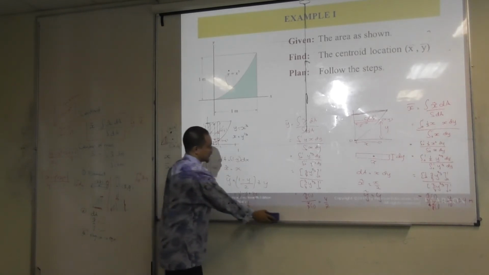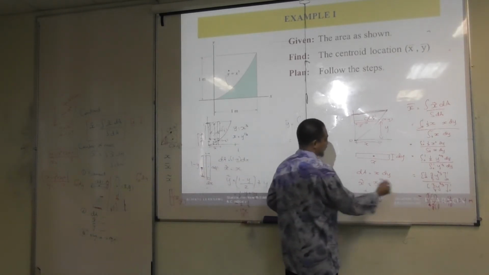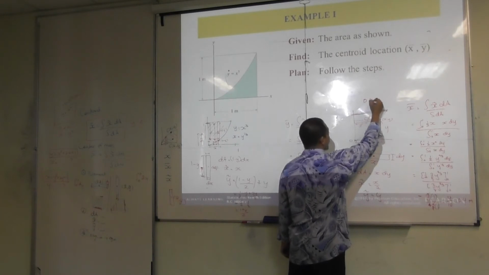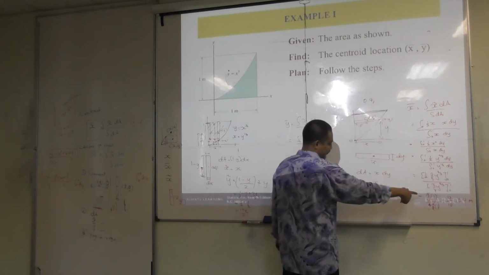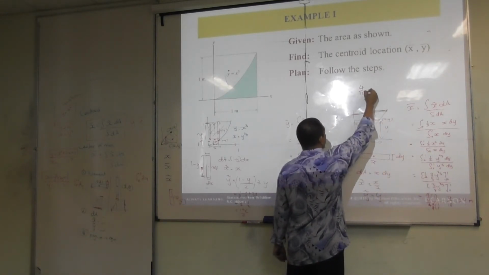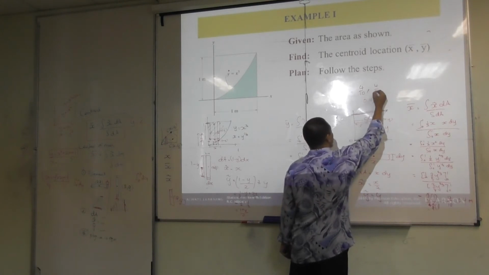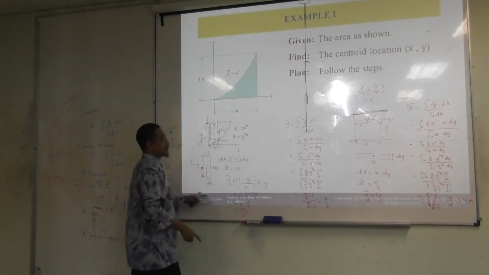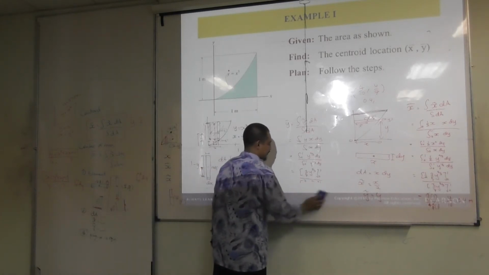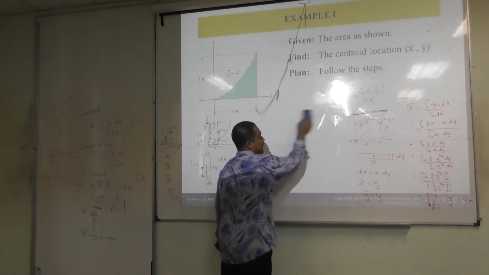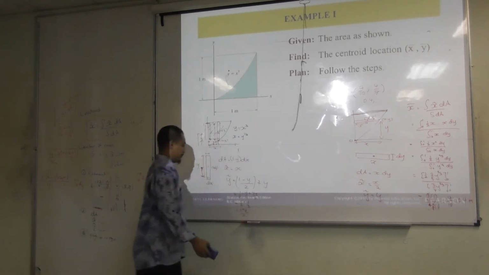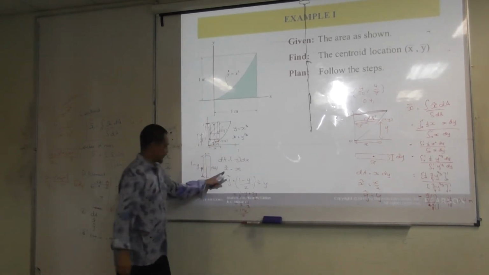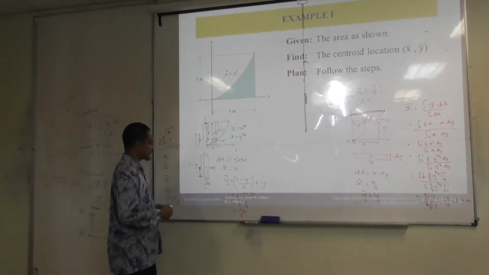Now, we'll keep the answer first. So basically, we get 0.4, or 4 over 10, and then 4 over 7, right? Let's see if this will give the same answer. It should, but let's check. Okay, we'll do x bar first. This one will be easier.